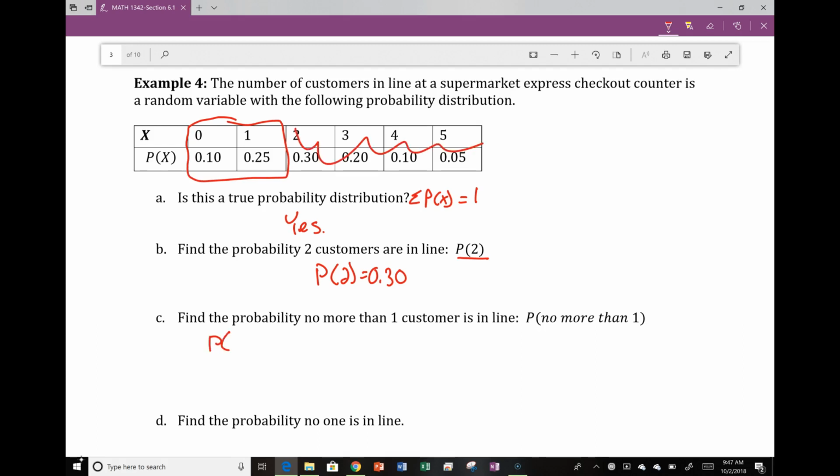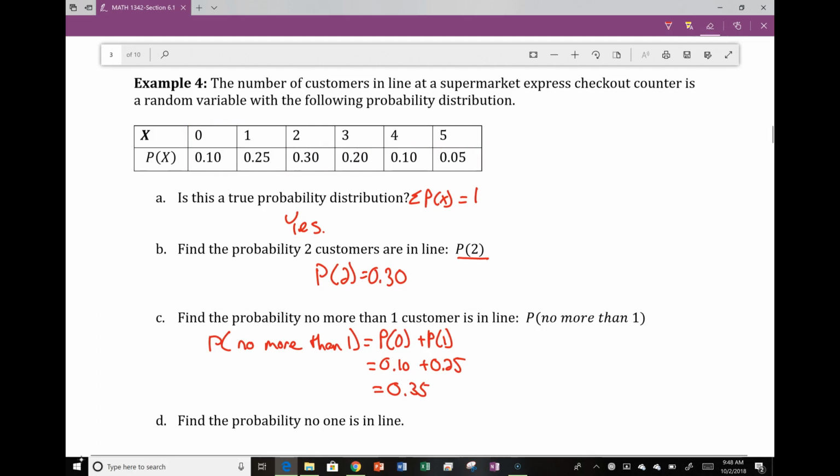So probability of no more than 1 customer in line is the same thing as saying the probability of 0 plus the probability of 1. So we have 0.10 plus a 0.25, which gives me a 0.35. The probability that no more than 1 customer is in line is 0.35.